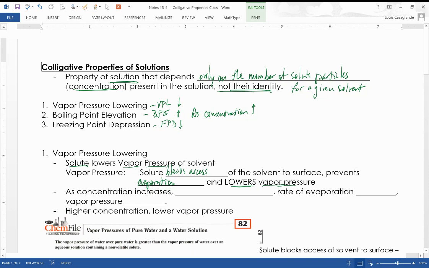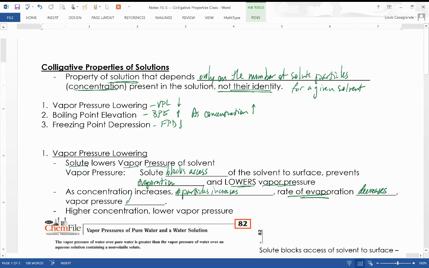So as the concentration goes up, the number of particles increases. The rate of evaporation decreases. So if you recall, the rate of evaporation and the rate of condensation were equal. So you don't need as high a pressure since the rate of evaporation decreases.